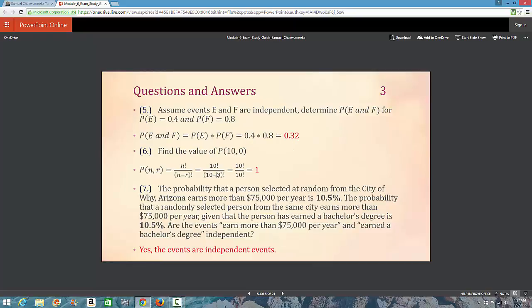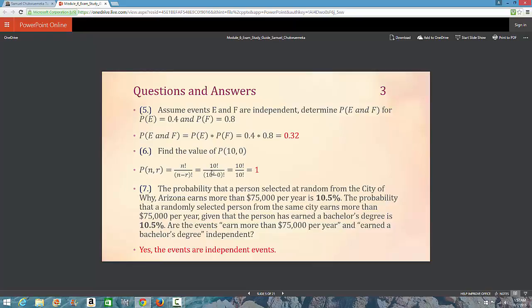Question 6. Find the value of 10P0, the permutation of 10 items taking 0 items at a time. This is covered under the fundamental counting principle.